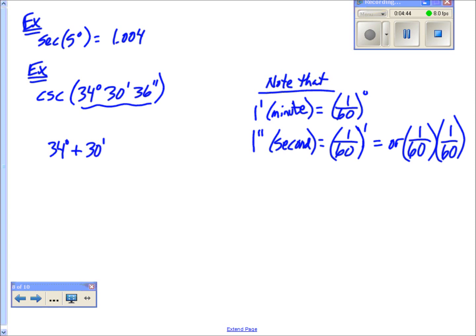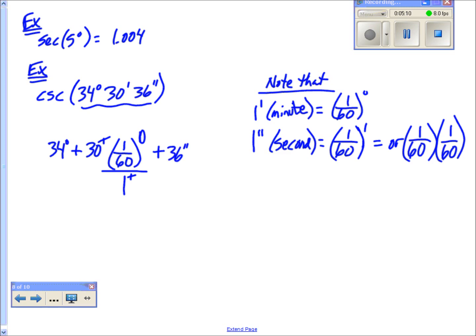So you remember, there's 1/60th of a degree for every minute. You see how the units cancel there, the minutes cancel, if you will. So you have 30/60ths, or 1/2 degree, is what that's going to add in. So right now we have 34.5 degrees. But we also have these 36 seconds.